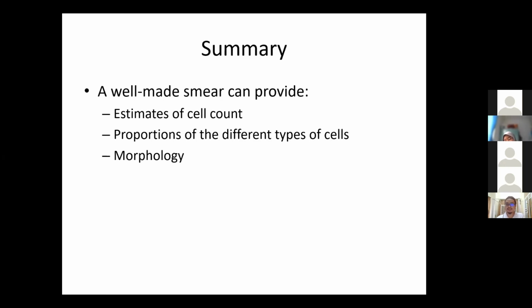Okay, the machine is broken or the machine reading is problematic, or there are characteristics that cannot be detected using the machine, so you will resort back to blood smear. Okay, they can also provide proportion of the different types of cells much more clearly than the machine. Okay, and then show us the morphology. That is one of the main advantages of blood smear.